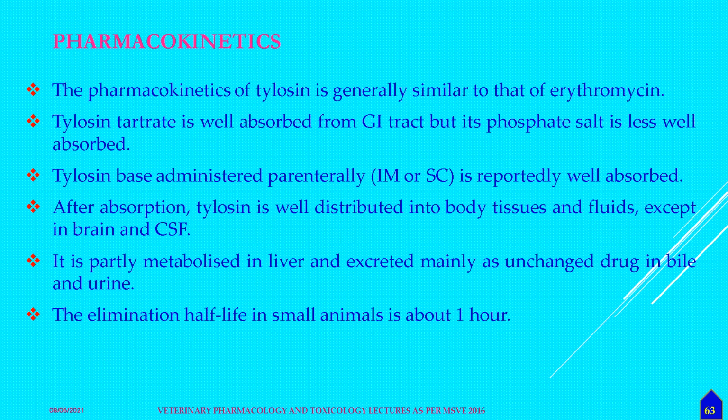As usual, the main organ of metabolism for tylosin is the liver, and it is mainly excreted unchanged in the bile and the urine, and hence enterohepatic circulation occurs.